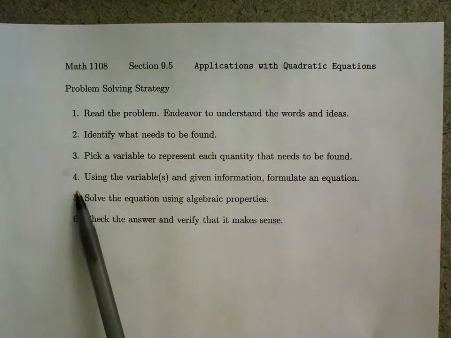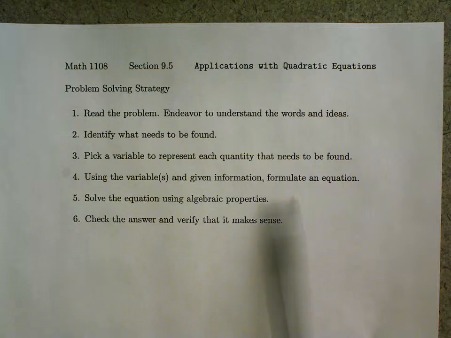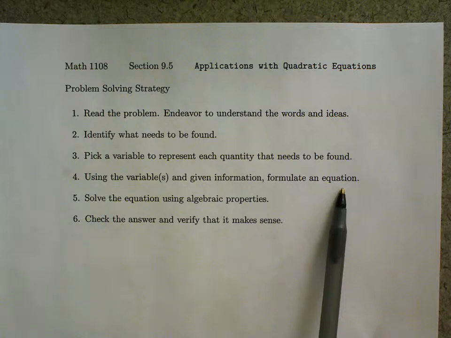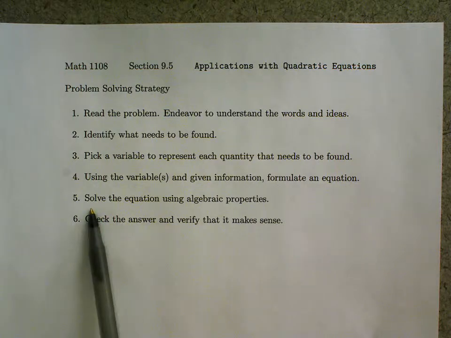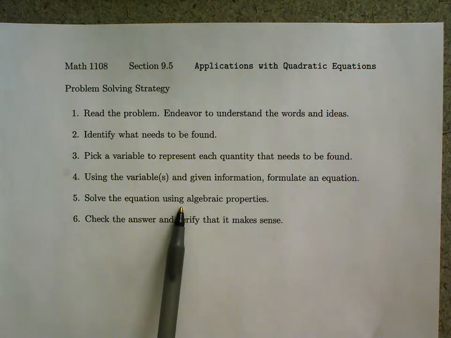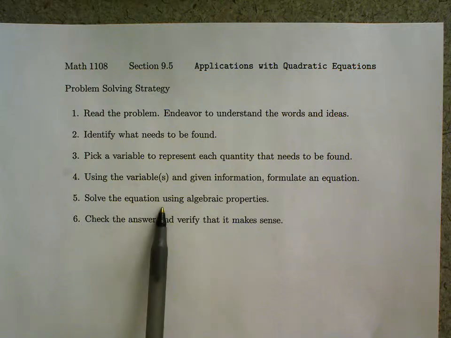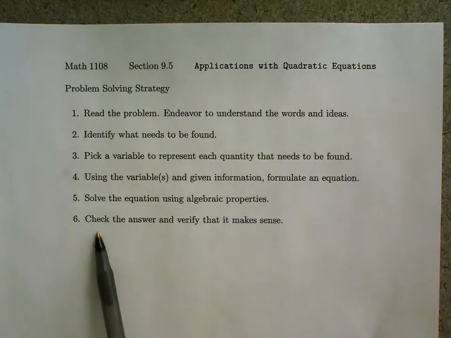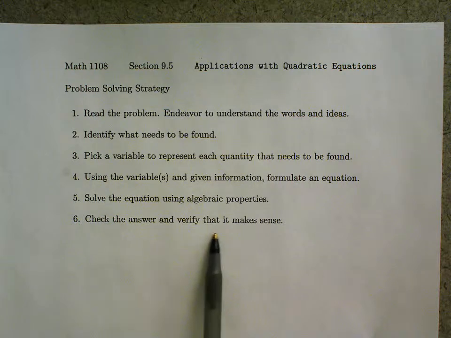And then in step 4, use the variables and the given information to formulate an equation, sometimes more than one equation. Eventually, though, you want a single equation to solve, and then solve it using the algebraic properties. And then there's always a way to check the answer to verify that the answer makes sense.